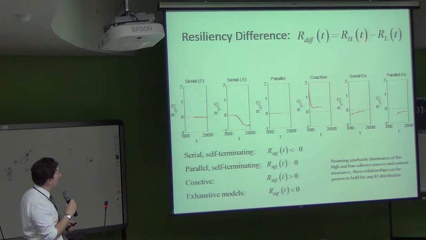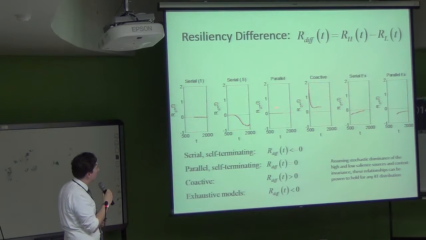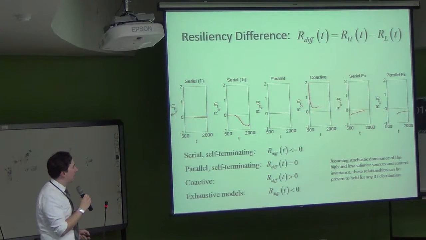So if we subtract now the low salience resiliency function from the high salience resiliency function, the serial self-terminating model and the exhaustive models predict that we ought to see a resiliency function which is less than 0. The parallel model predicts that we should see a resiliency function which equals 0, and a coactive model predicts a resiliency function which is greater than 0.